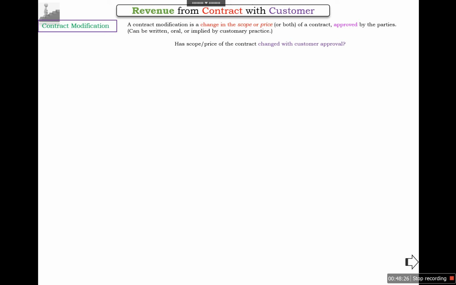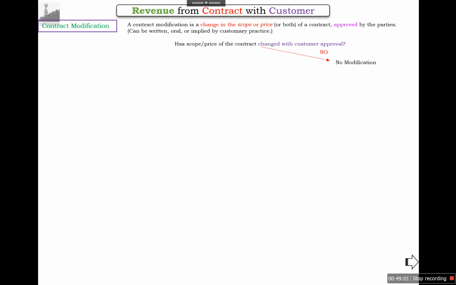Next is about the contract modification. A contract modification is a change in the scope or the price or both of a contract that is approved by the parties. It can be written, it can be oral, it can be by customary business practices. So we need to check whether the scope or price of a contract changed with the customer approval.